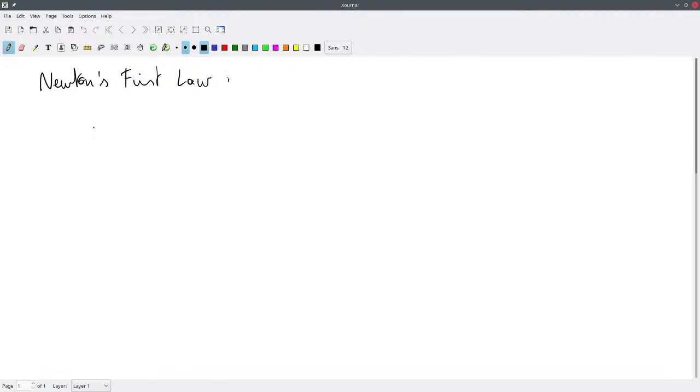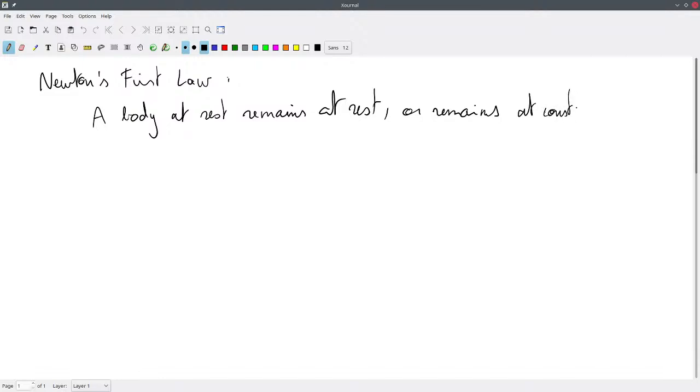Newton's first law says that a body at rest remains at rest, or if it is in motion, it remains at constant motion unless acted upon by a force.